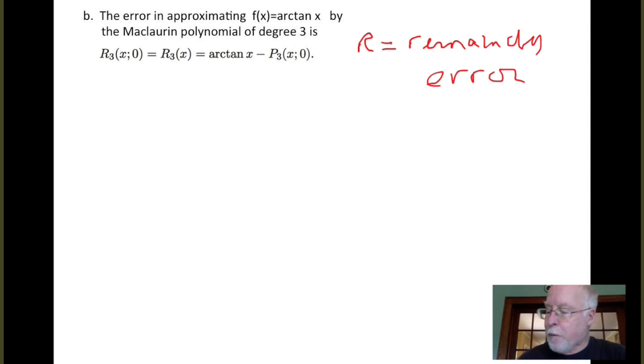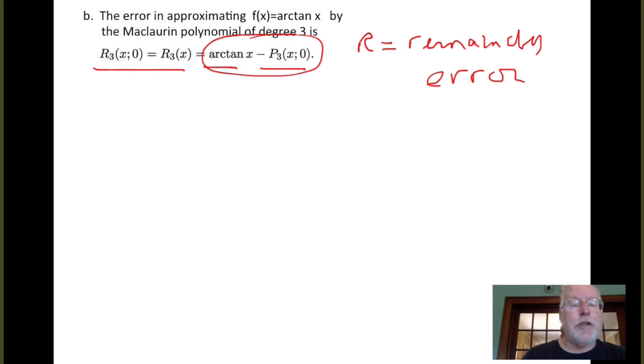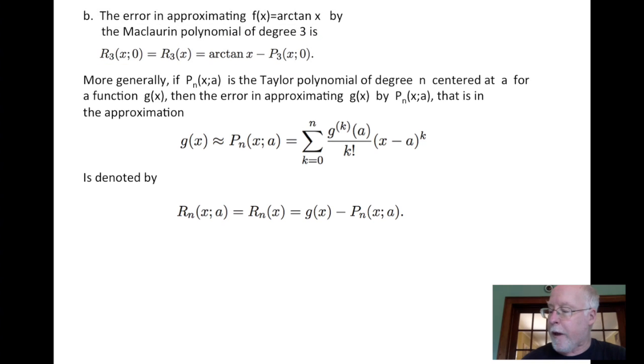So if you're interested in approximating a function like the arctangent by P3, and you want to know how good that approximation is, you're asking how big is the difference between the polynomial and the function. So we're going to be working with this R3 and estimating it, trying to find out how big it actually could get on the interval from -1/2 to 1/2.